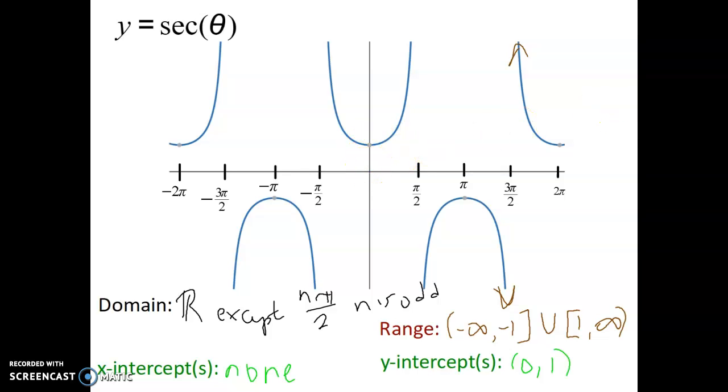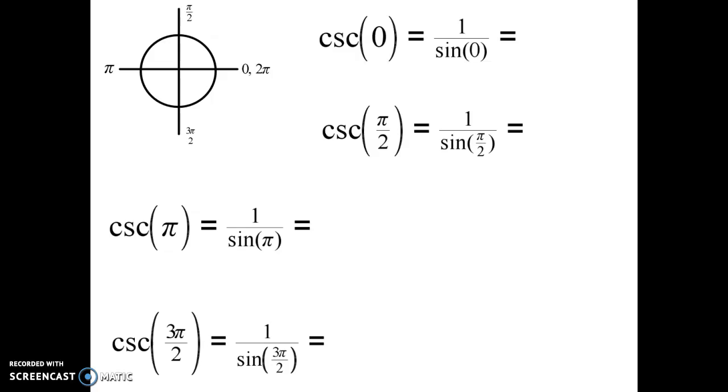Okay, let's do something similar with cosecant. We're going to do this one a little bit more quickly because we already talked about the other one. So if I look at the values around the unit circle, remember cosecant goes with sine. So I'm going to look at those y values: 0, 1, 0, and -1. All right, so if I put in 0 right here, 1 over 0 is undefined. I'm just going to abbreviate because I don't have a lot of space.